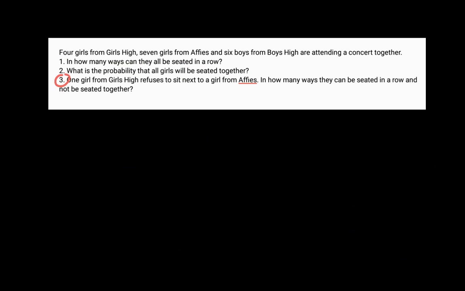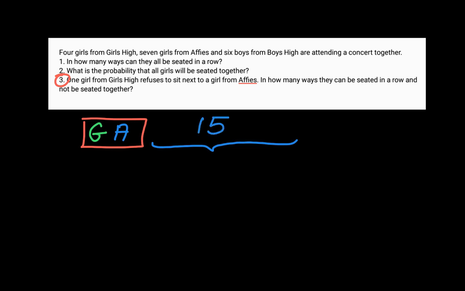Hopefully you said that this is similar to our problem with putting two letters H separately. So we can look at the option of putting those two girls together first. So I have a girl from Girls High and I have a girl from Affy's. They are together. So how many other people do I have left? I have 15 other people that can be seated at random.